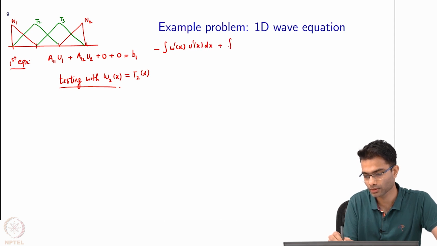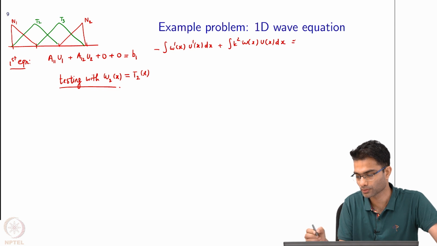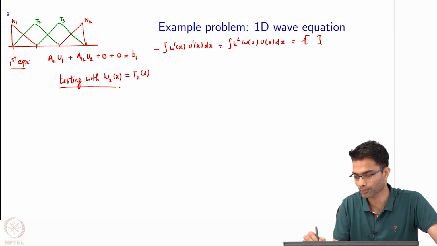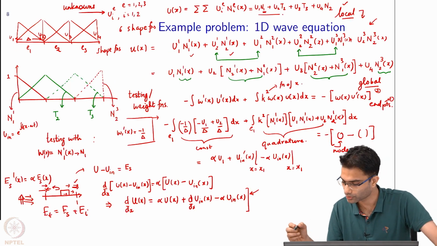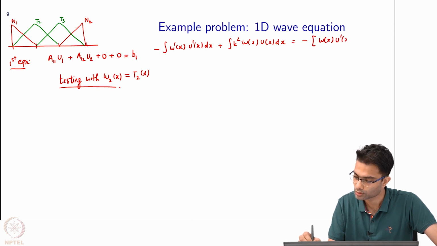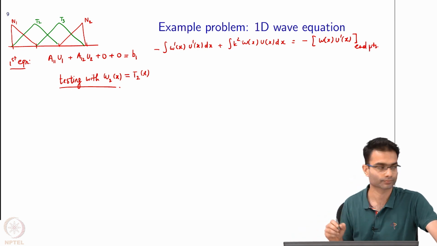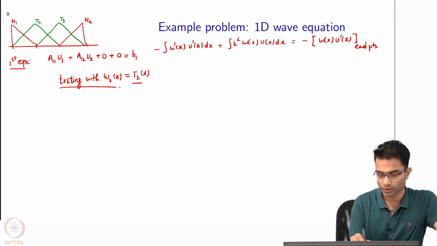Okay. Then I had a k squared integral of w(x) u(x) dx is equal to something at the endpoints. Okay. So minus, let us write it properly. All right. So now this is what we are setting.